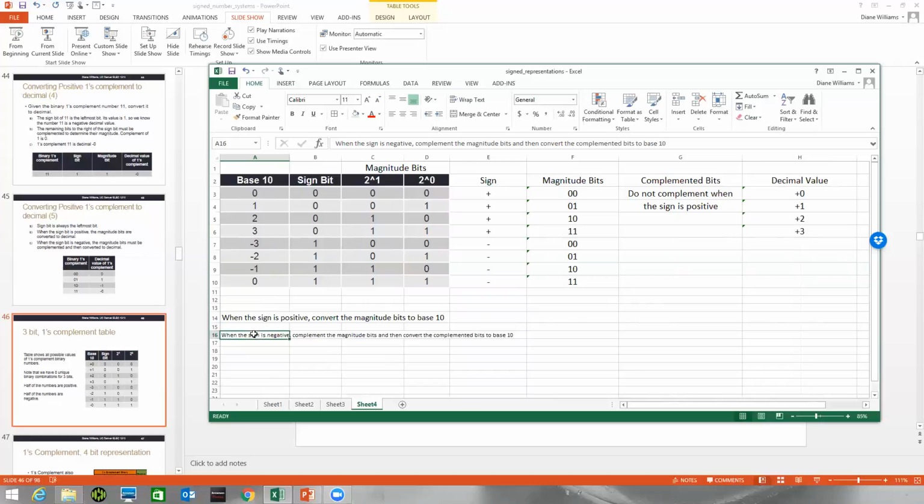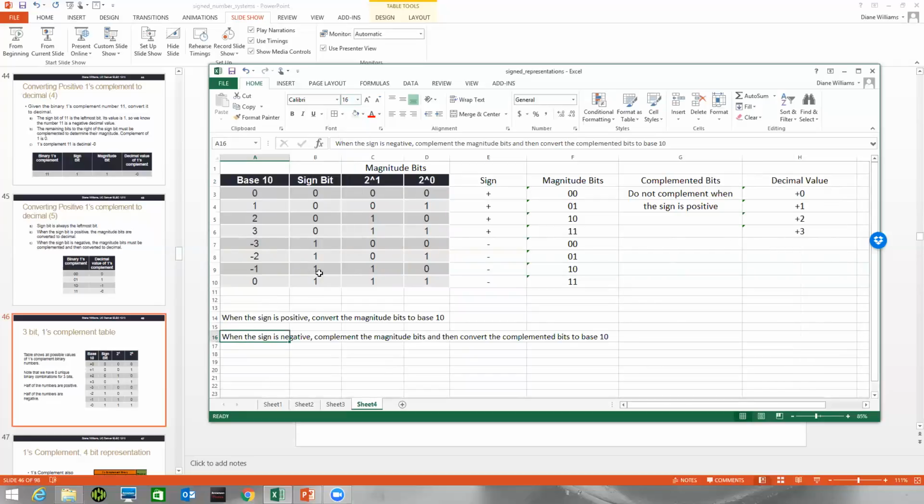And let's make that a little more readable. So when the sign is negative, complement the magnitude bits and then convert the complemented bits to base 10. It's easier for me to do it than to say it.